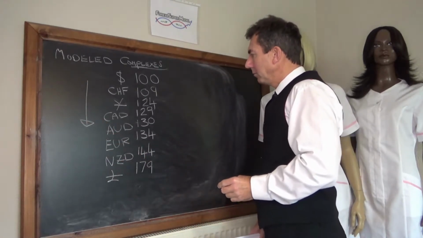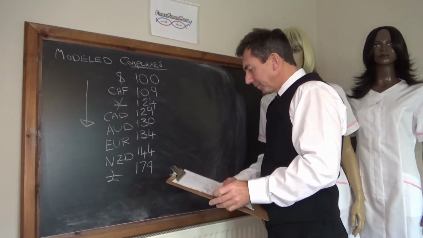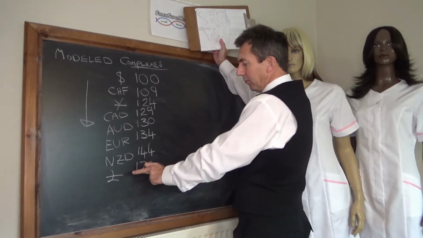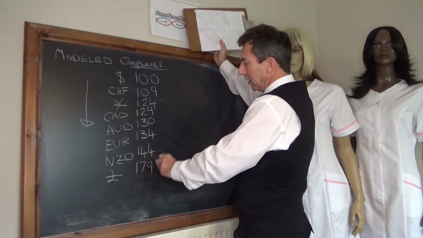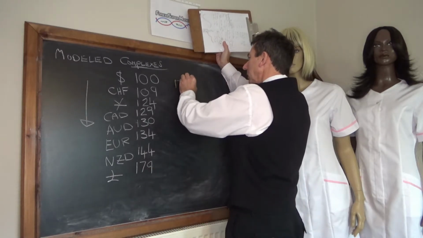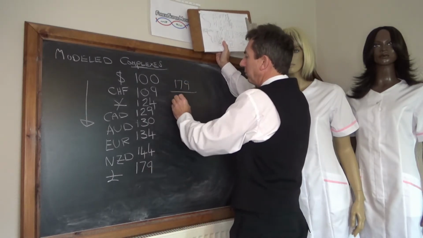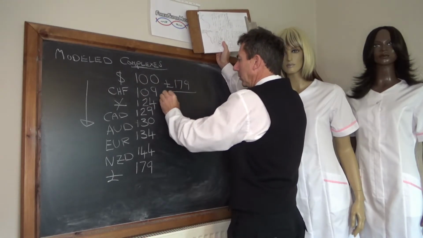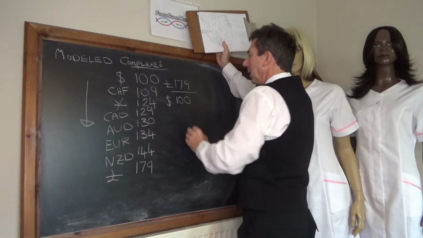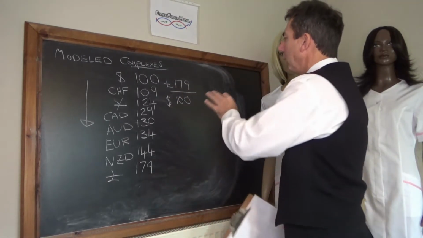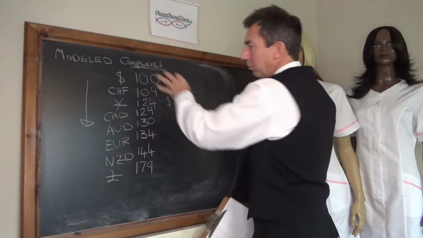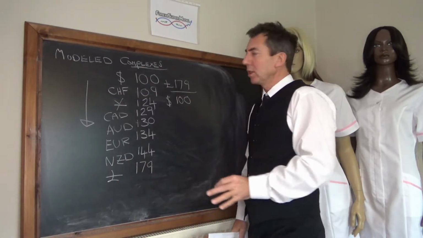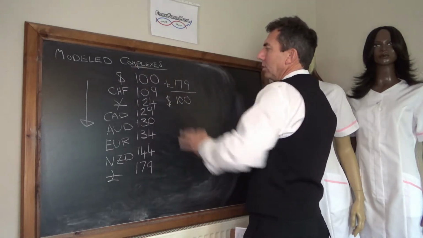So if you look at the most volatile, which is the pound complex at 179, against the dollar at 100, the pound complex is 1.79 times more volatile in modelled terms than the dollar.